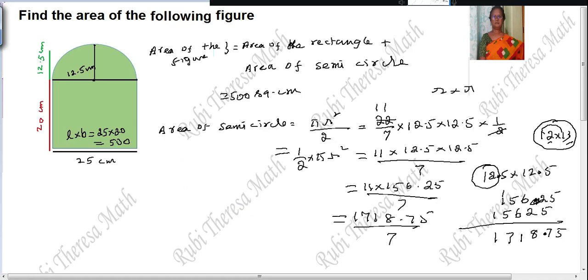So you do the division. Those who don't know the 7 table can do it like this; for the late bloomers I am writing this.